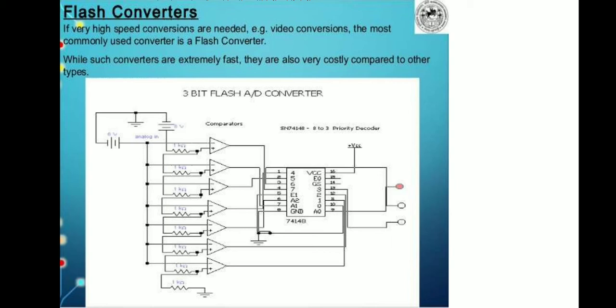If very high speed conversion is needed, for example video conversion, the most commonly used converter is the flash type ADC. Flash type ADC is the fastest of all types of ADCs.